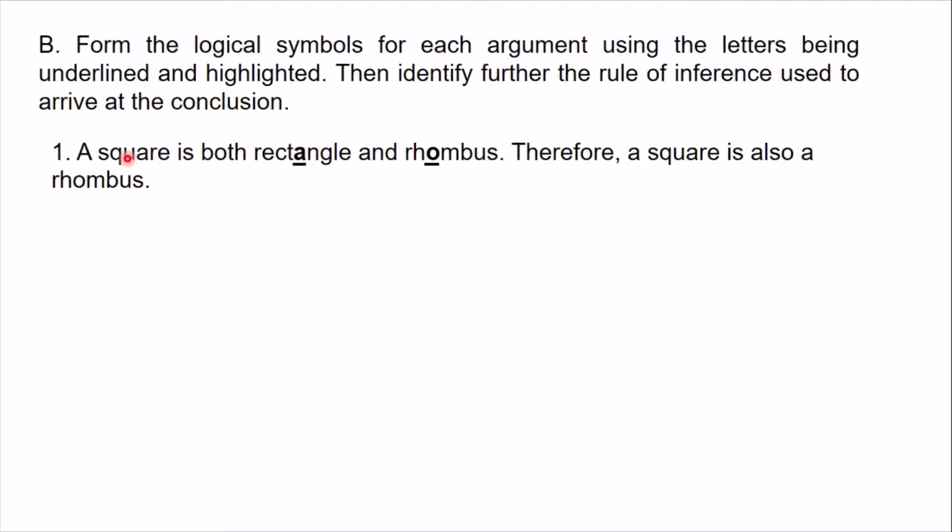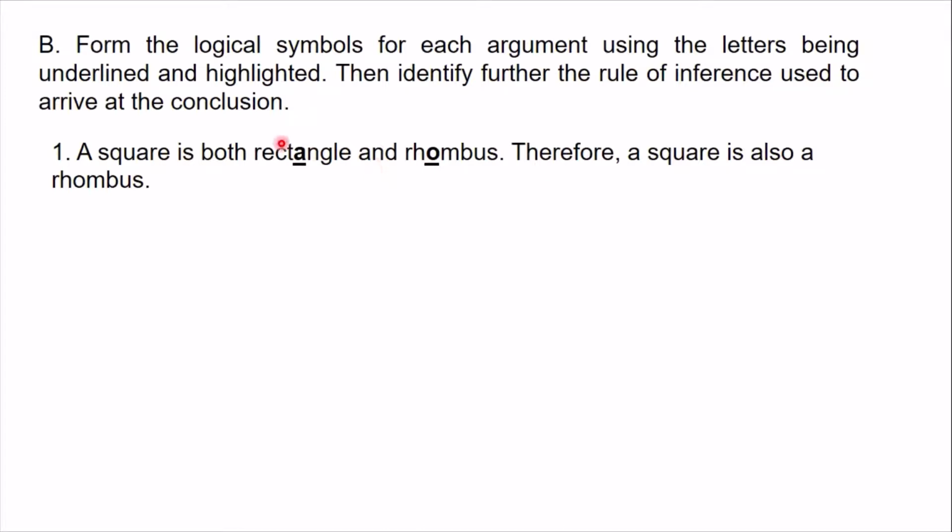So in the first statement or the first argument, a square is both rectangle and rhombus is a premise. So we only have one premise kasi nga isang statement lang yan. But take note, we have the word and. Okay? At yung end natin is a conjunction.